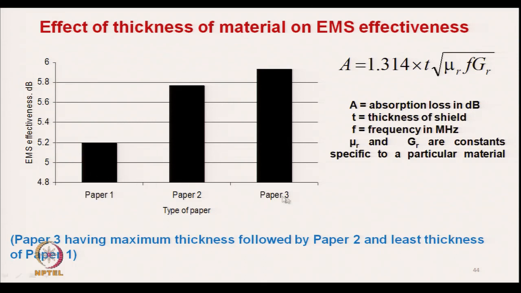Paper 3 has the maximum thickness and paper 2 has the minimum thickness. As per this equation, the absorption loss in decibel A is proportional to the thickness of the shielding material, if we keep the frequency and other parameters constant.